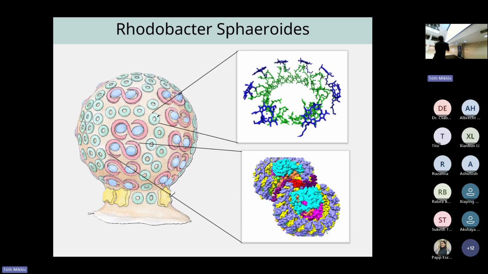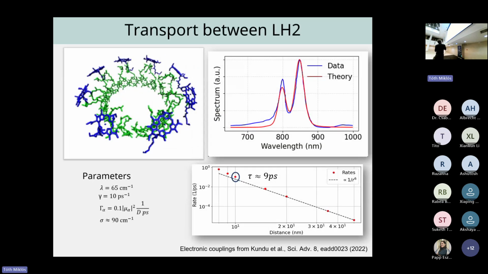So first, for the LH2s, we can actually reproduce the experimental data in blue with our theory fairly well. Again, we are not looking for the most insane fit. We just want to reproduce the features well. And then we can use these parameters, plug them into our MC-FRET equations.